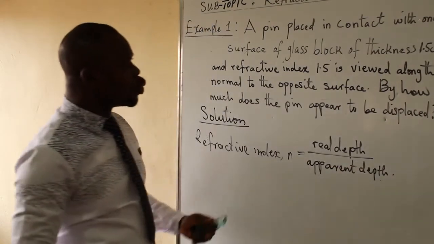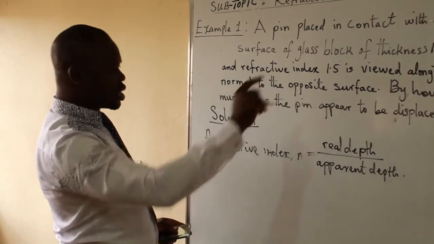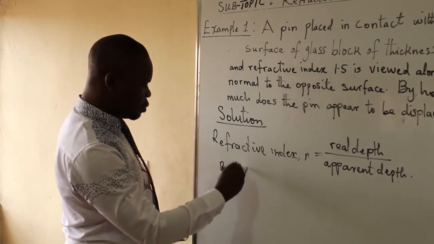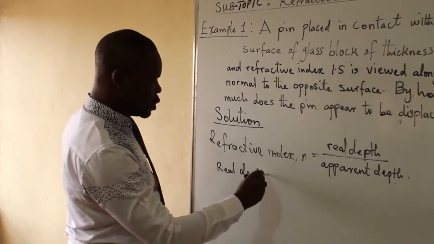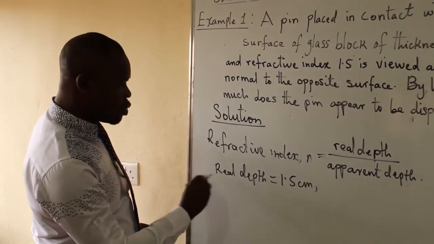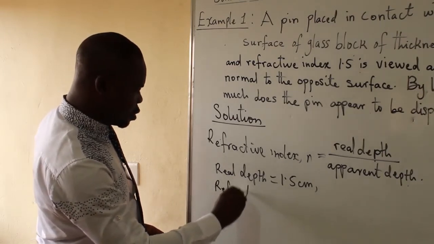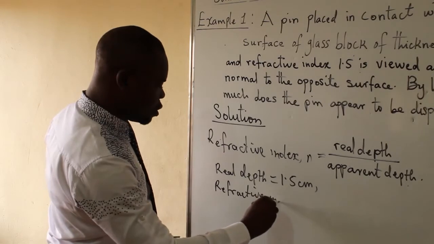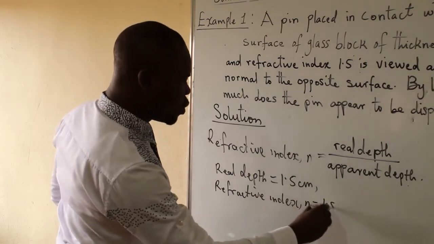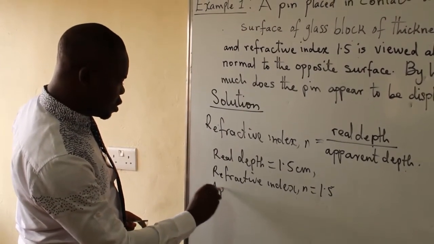So for this question, we need to first find the apparent depth. So we have the real depth, that's the thickness. Real depth equals 1.5 centimeters. We have the N, which is the refractive index. N equals 1.5. So we have to find the apparent depth.